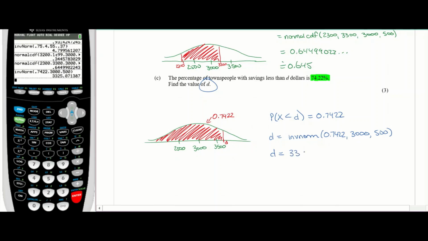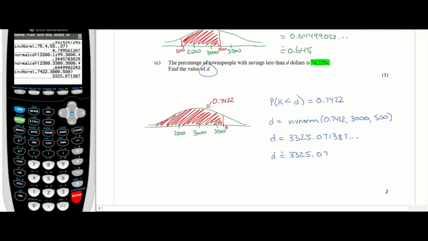Now, because of the context of this situation, which involves money, the rounding that I should be doing should be to 2 decimal places. So I'm no longer going to do the 3 sig fig rule. I'm going to do 2 decimal places because I'm talking about an amount of money.